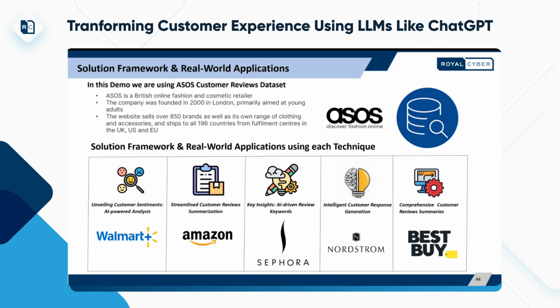At Nordstrom, they provide intelligent customer response generation, which is contextually relevant. And then at Best Buy, a comprehensive customer review summary. Across a given customer, they can actually provide different genres of reviews and summary.